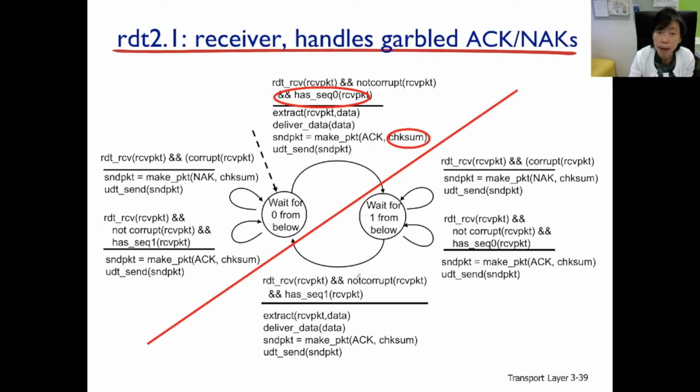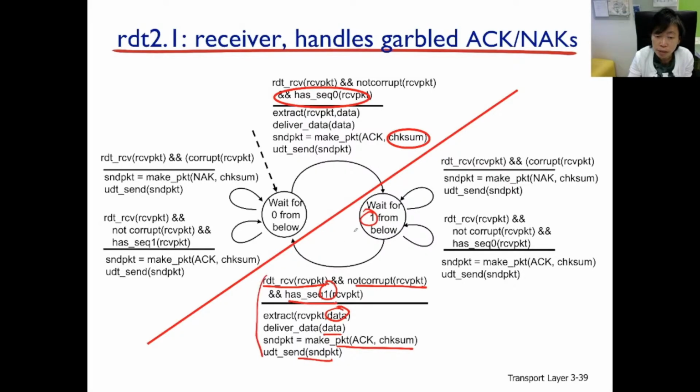Similarly, we'll be getting a packet from below, receive RDT, and not corrupted and carrying the expected sequence number 1. Cool, happy again. Extract data out of the packet, pass it up to the application layer, generating an ACK with checksum, send it back.